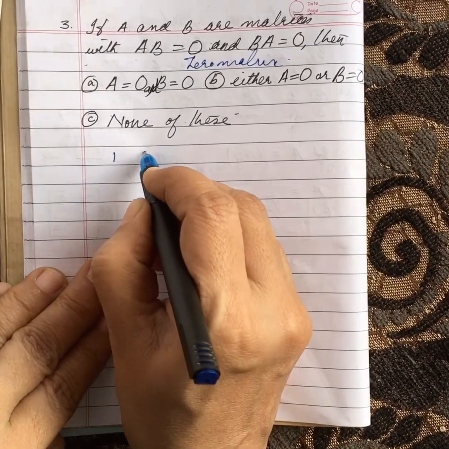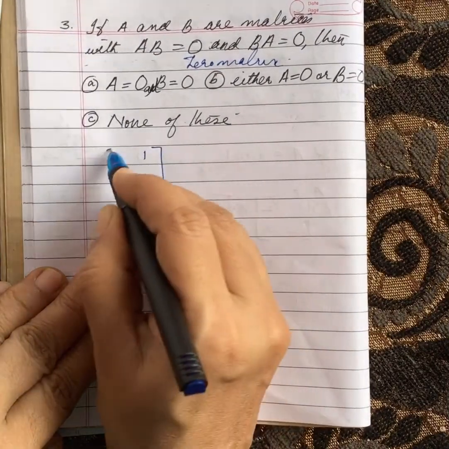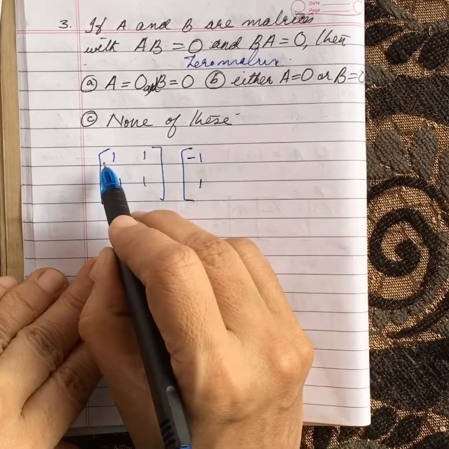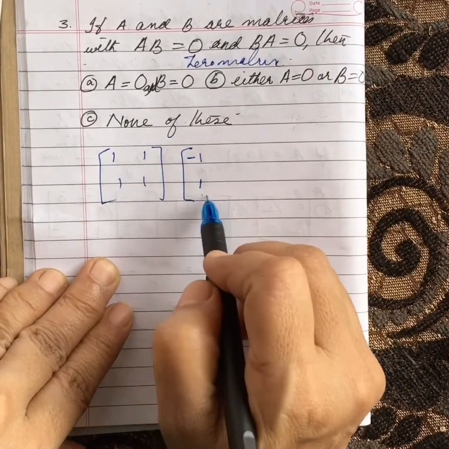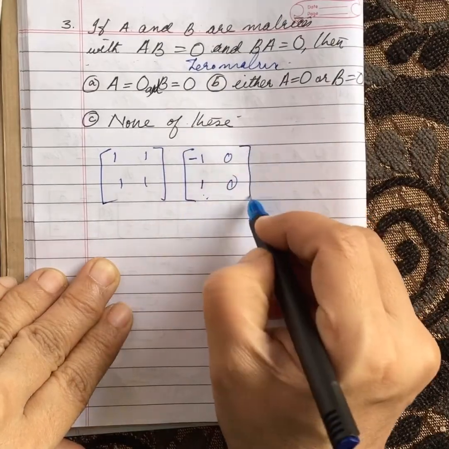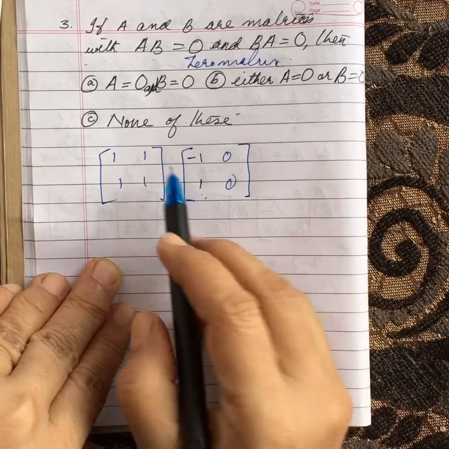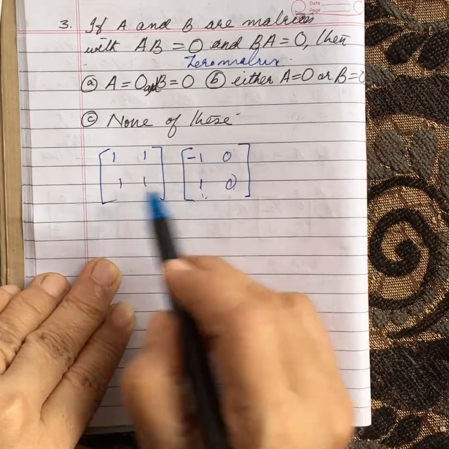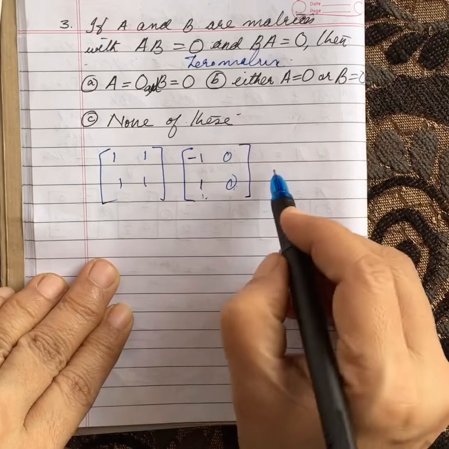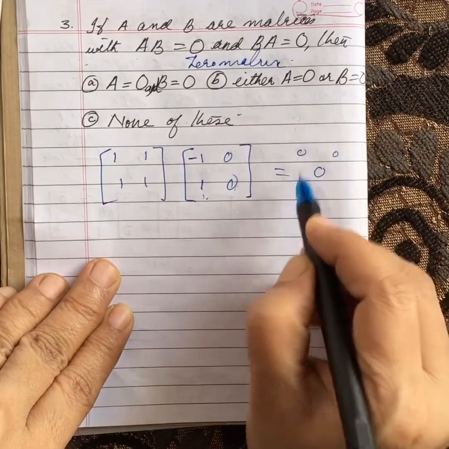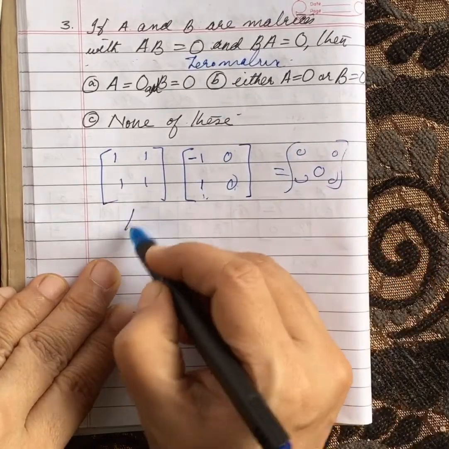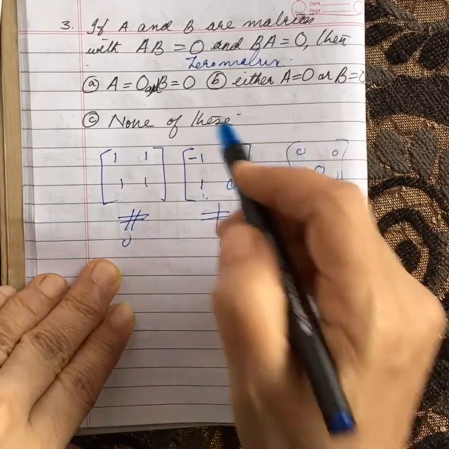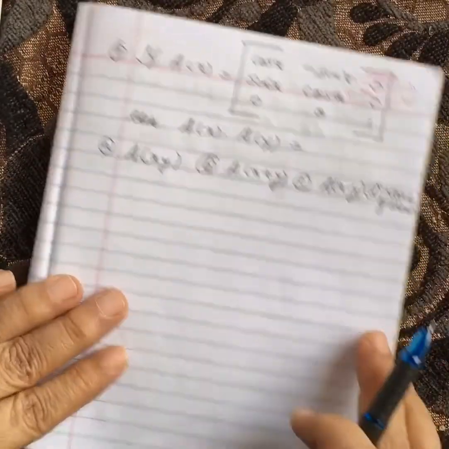Because suppose 1, 1, 1, 1, if you multiply with minus 1, 1, minus 1, 1, first row with this, first row with this, all the entries become 0. Product is 0, 0, 0, 0 we will get, but this A is not equal to 0, this B also not equal to 0. So it is none of this.